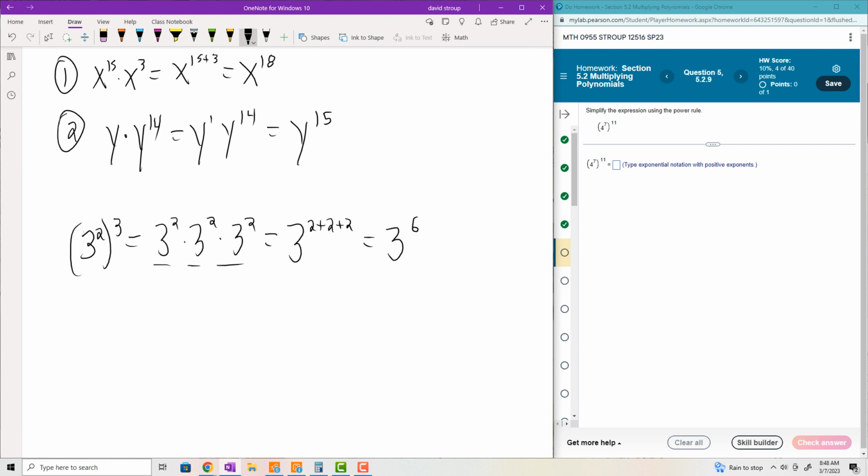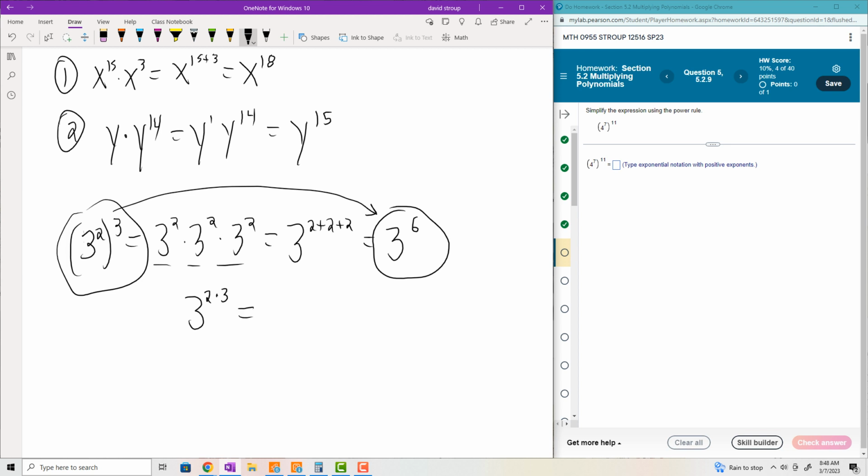We want a shorthand rule to get us from the beginning to the end. The question is, can you see the operation to do with the exponents? In this case it's multiplication: 3 to the 2 times 3 is 3 to the 6.